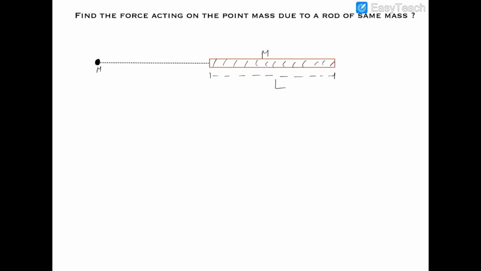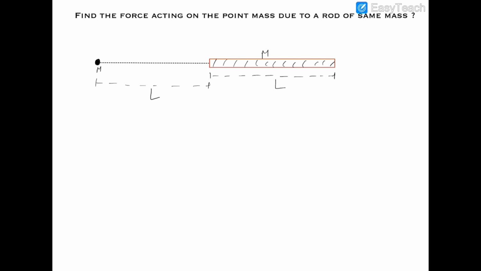In this question, there is a rod of mass m and length L, and there is a mass m which is a point mass, and the value of this mass is the same as that of the mass of the rod. It is placed at a distance of L from this end of the rod, and we have to find out the gravitational force acting on this mass by the rod.